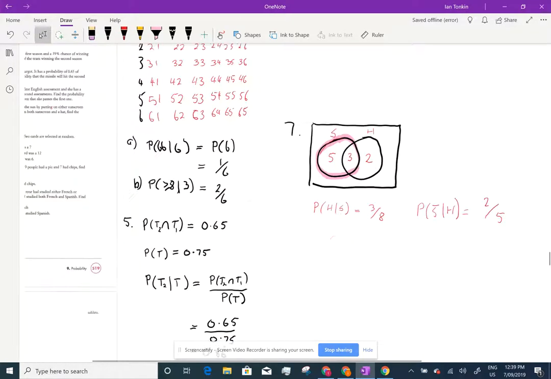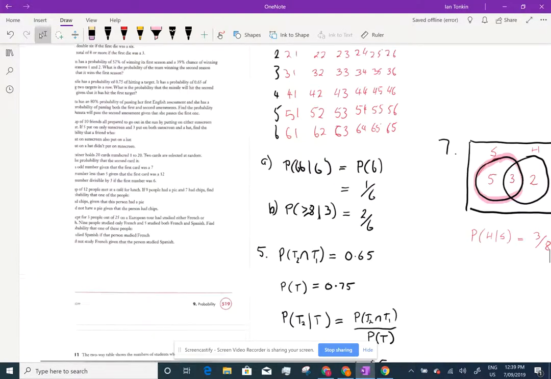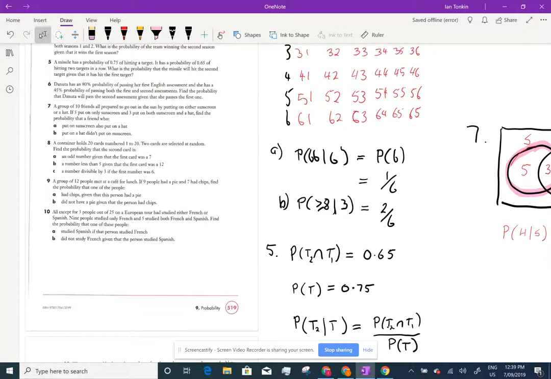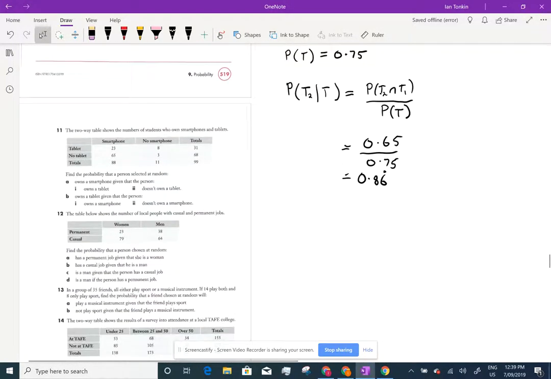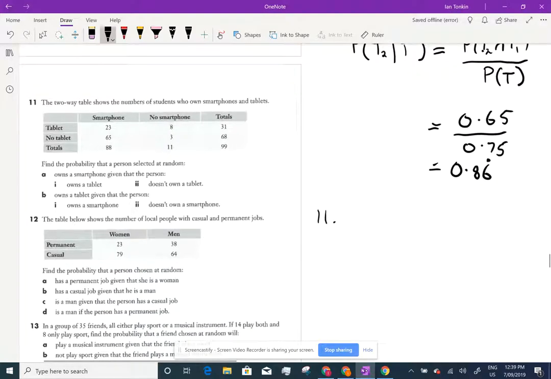All right, so those sort of ones are pretty easy. Let's get to some harder ones. Let's go down here. We'll do question 11. So they've got the two-way table here.